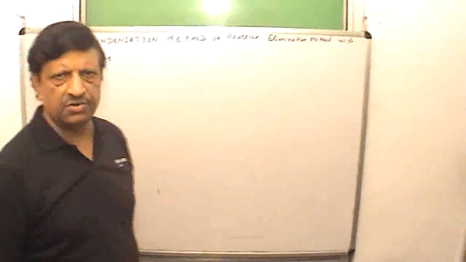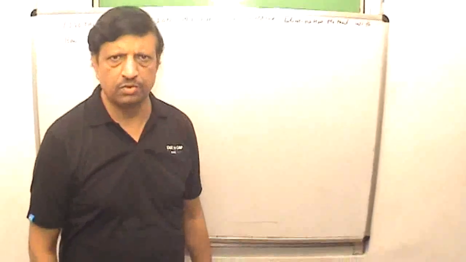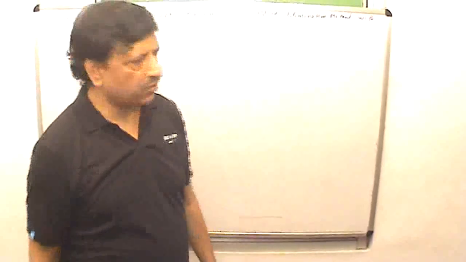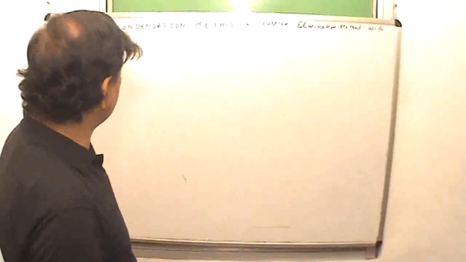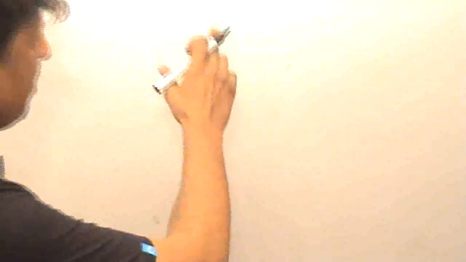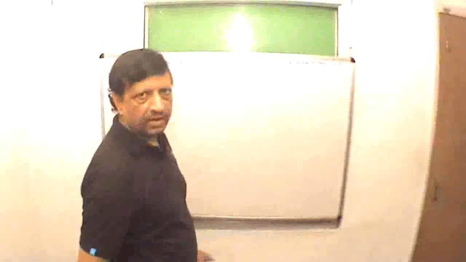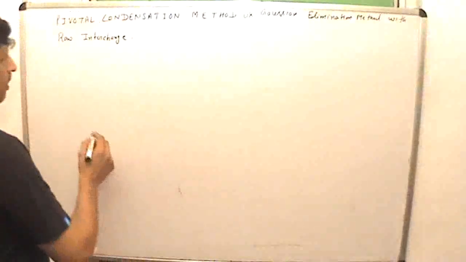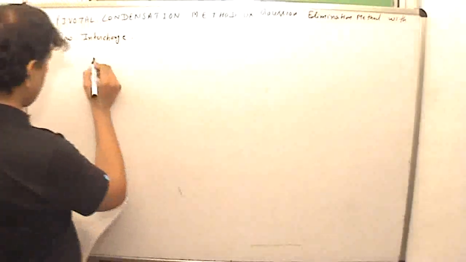Here we can interchange the rows under certain conditions. So please be careful between this method and the previous method, that was a simple Gaussian elimination method. Both are different methods. Let us try to solve this system of equations.